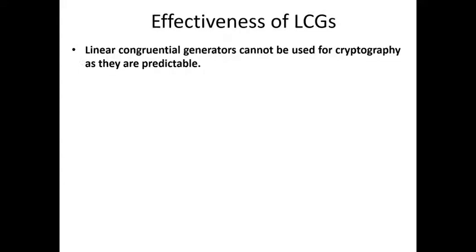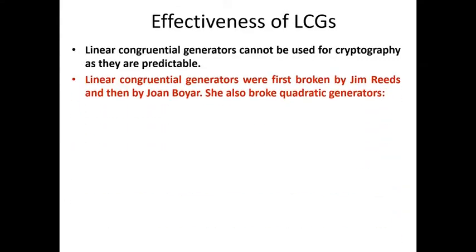LCGs can't be used for cryptography for the simple reason that they are very predictable. We have a simple equation and we can easily determine the next number of the sequence. You can easily predict the next number in the sequence following that equation. And even if you don't know a few things, there are many people like Joan Boyar and Jim Reeds who worked on how to break these LCGs.